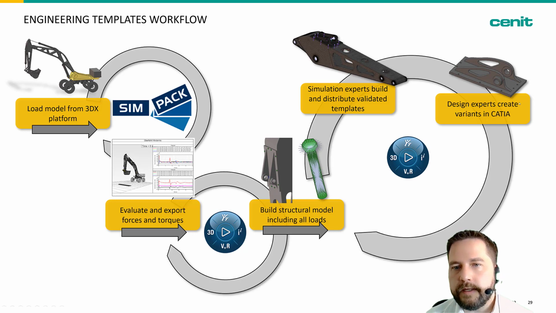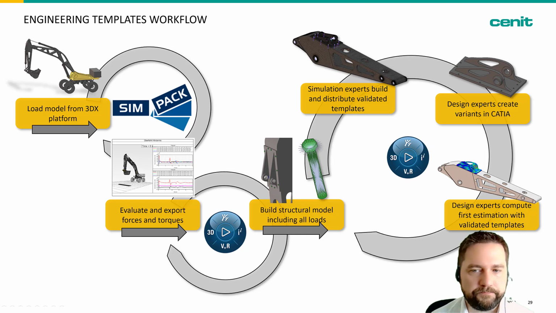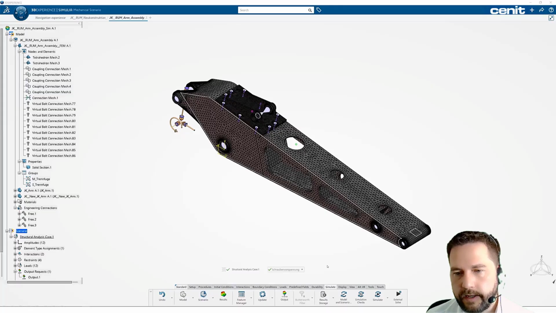And now when the simulation expert creates a simulation template, the designer can directly do some changes on his design and automatically calculate the new design with the template which was prepared. So that's a very straightforward process. And in the end, when the designer says the part is okay, he can hand this model to the simulation expert and he can do some detailed analysis, maybe with submodeling or so on.